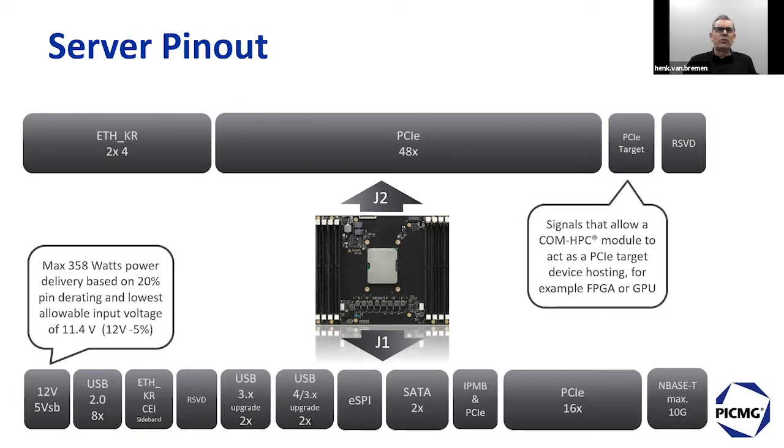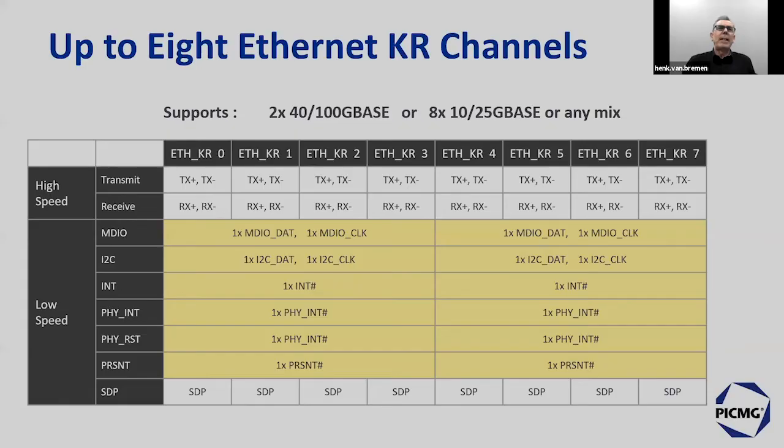Then USB 4.0, we don't really expect it from the silicon in the market. It's targeting headless systems, which will not go to 4.0 anytime soon, but it's there for the future. IPMI, I will extend on that in a later slide, and Ethernet is what we're going to look at in the next slide.